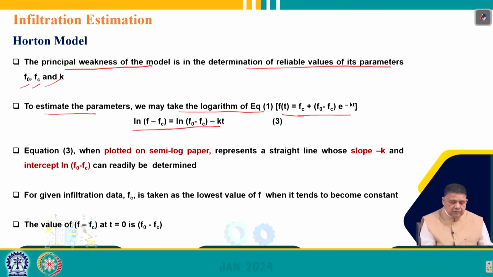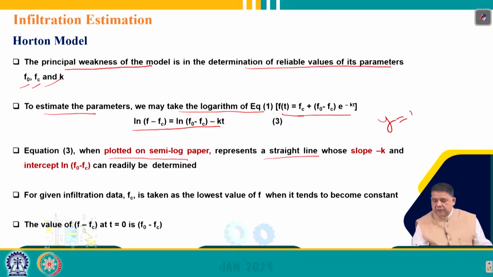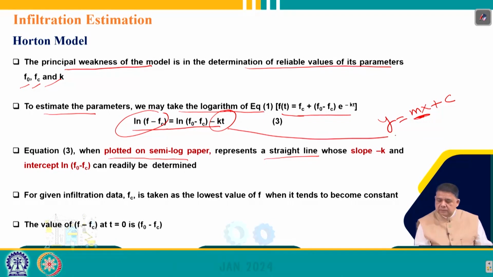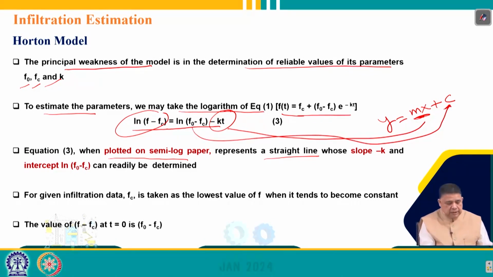When this equation 3 is plotted on a semi-log paper, we get a straight line, that is the form of y equals mx plus c. Here y is ln of f minus fc, this is mx, and this part is c. So, the slope is minus k and the intercept is ln of f0 minus fc.